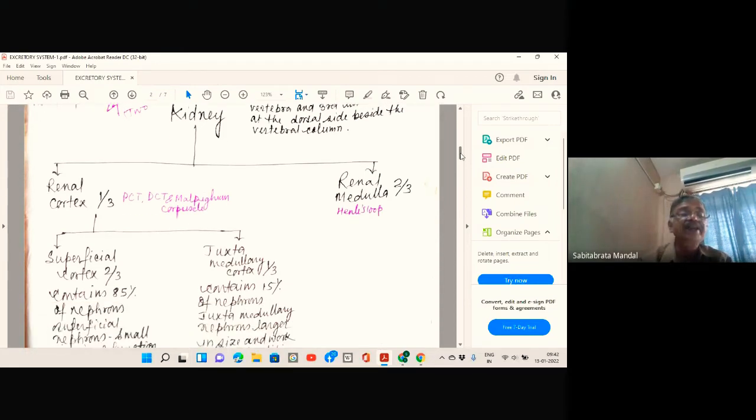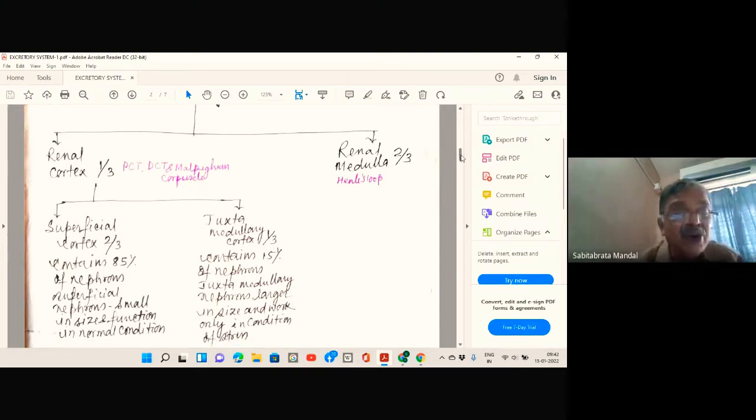Now, we divide the renal cortex into two parts, that is a superficial cortex and juxtamedullary cortex. Now, this superficial cortex is how much portion?